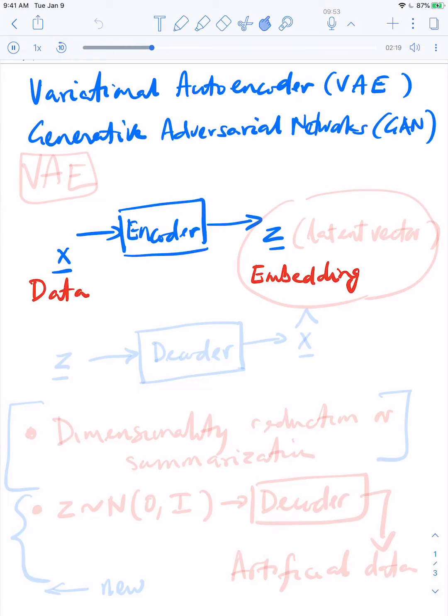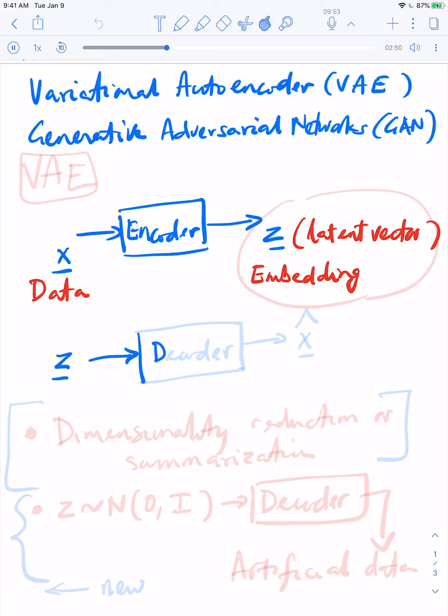The basic assumption underlying this is that even though the data can be in a very high dimensional space, there is a latent vector, of lower dimension, that captures the essential features of the data. So there's an encoder like that, and if the latent data actually captures essential features, then I should be able to generate some version of the data from it.